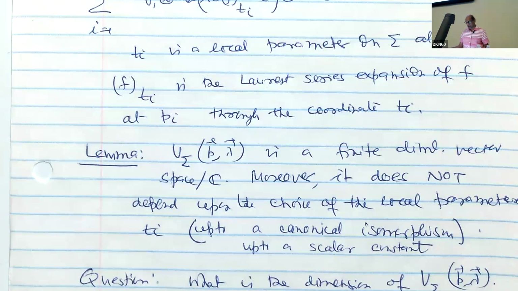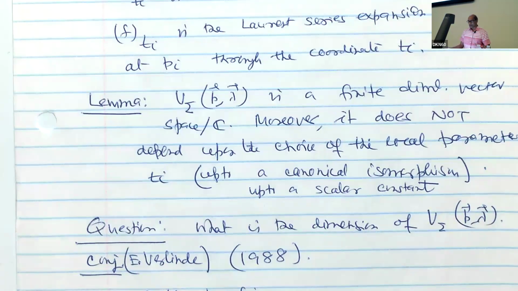Keep in mind that this dimension depends upon the choice of sigma, the curve, the choice of the points Pi, and the choice of the weights lambda i, the representations attached to them. So those are three things needed to define this vector space, and the dimension a priori depends upon those three choices. So the question is, what is the dimension of this space?